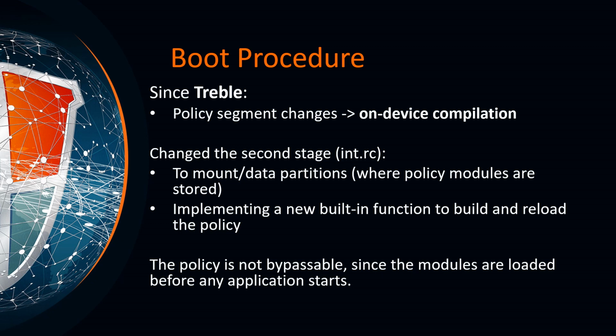compilation is required. The init process divides its operation in three stages. The first stage is early mount, the second is SELinux setup, and the third is the second stage.